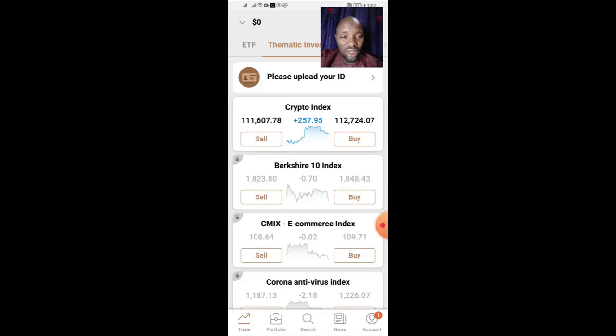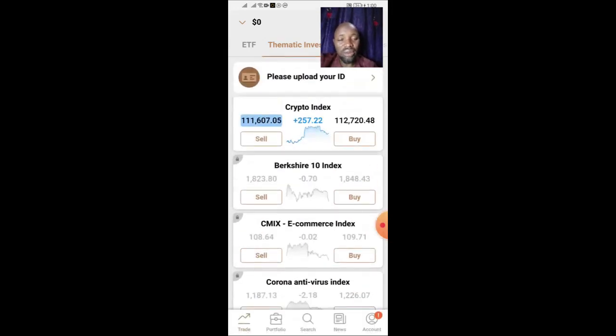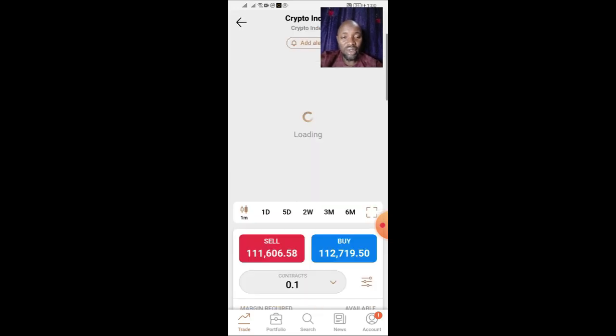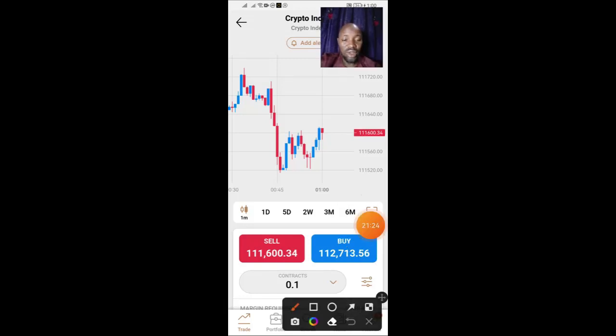So now, these are thematic investments. You can invest in all of this and trade them, and you make your profit. So this is capital.com, and just like I've explained in my previous video, it is something similar to IC Market, whereby you monitor your trade. You see here, you monitor your trade. You see what is going on.